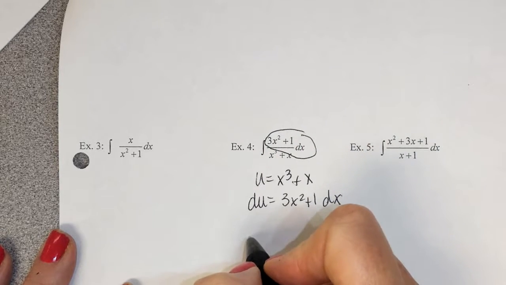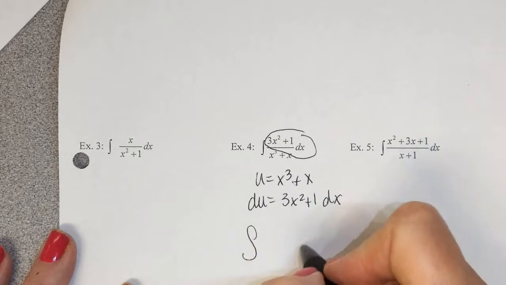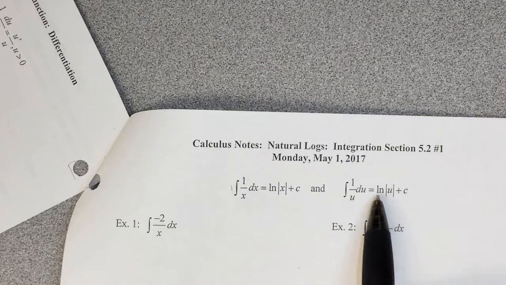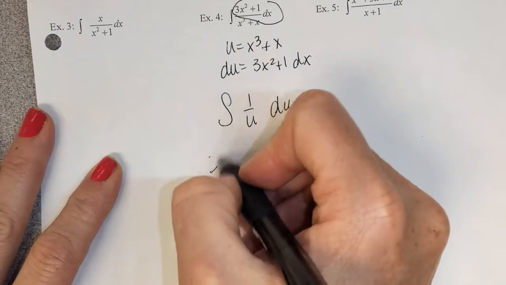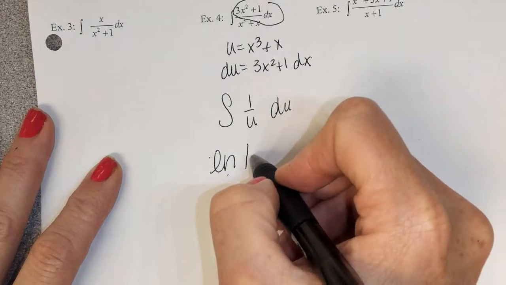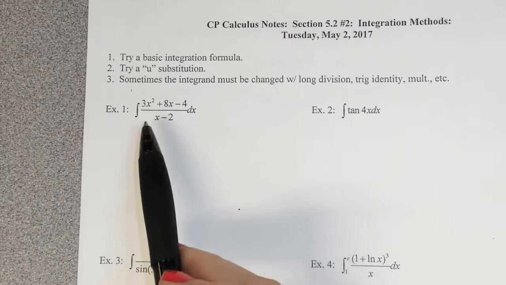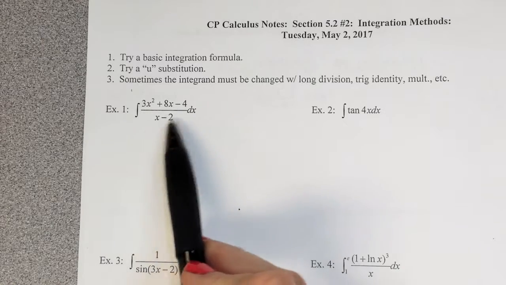So then I was just left with the integral of, that all was du, 1 over u. And we know that the integral of 1 over u from up here is just natural log. So this one was just natural log of u plus c. But that's not the case over here. I can't let u equal the denominator.